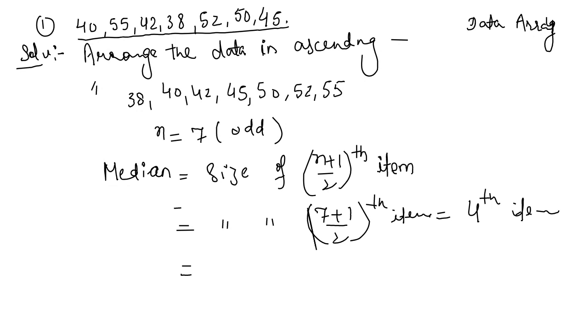Now check in your ascending series, what is the 4th item? At the 4th number, there is 45. So 45 is the median value.